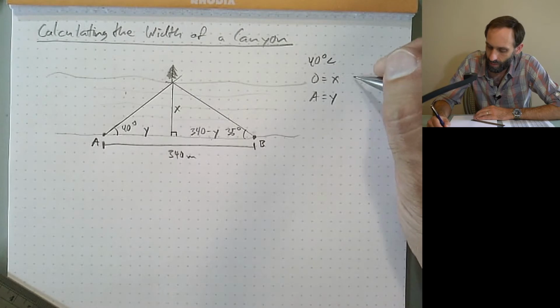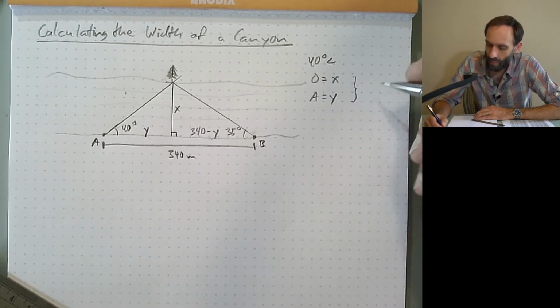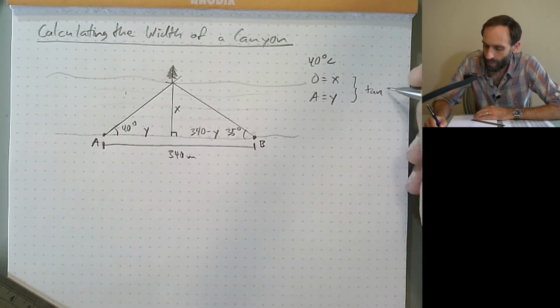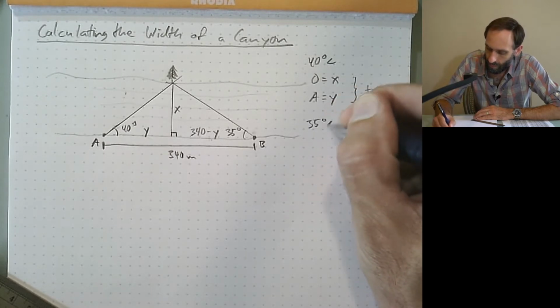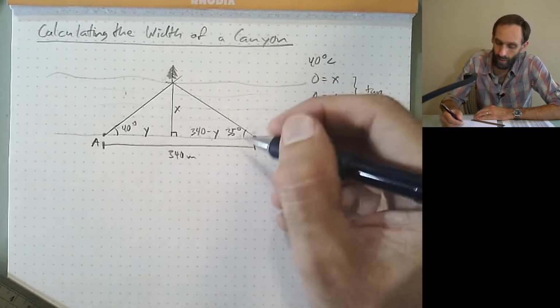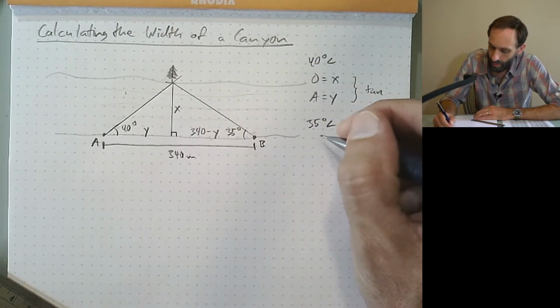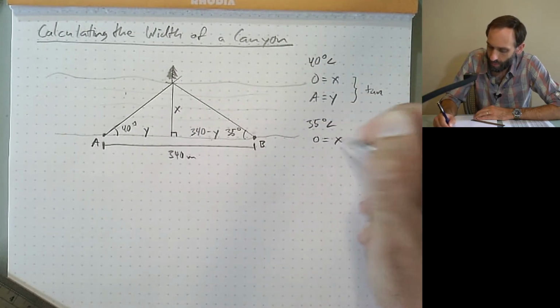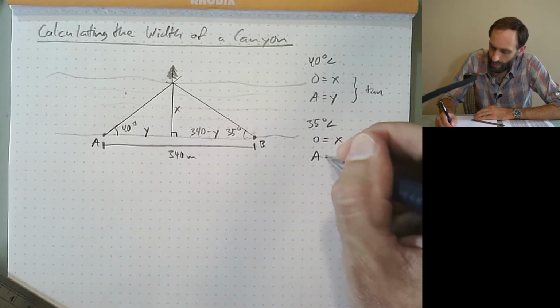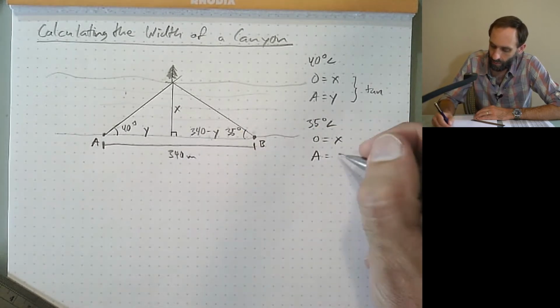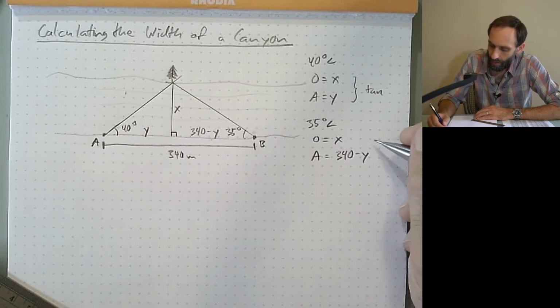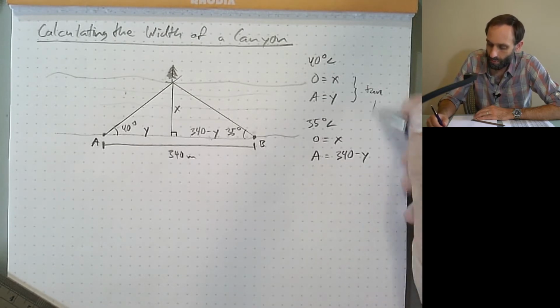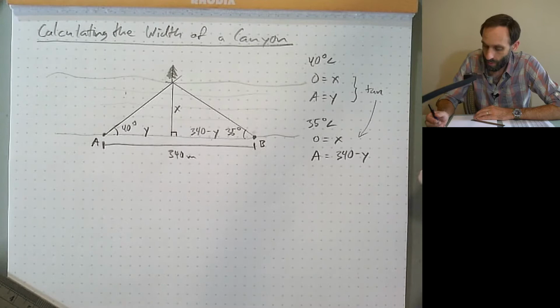So once again, since we're using opposite and adjacent, we will be using the tangent ratio here. Now, when we look at the 35-degree angle, once again the opposite is x. Adjacent is going to be 340 minus y. And opposite and adjacent, well, we're going to use the tangent there as well.